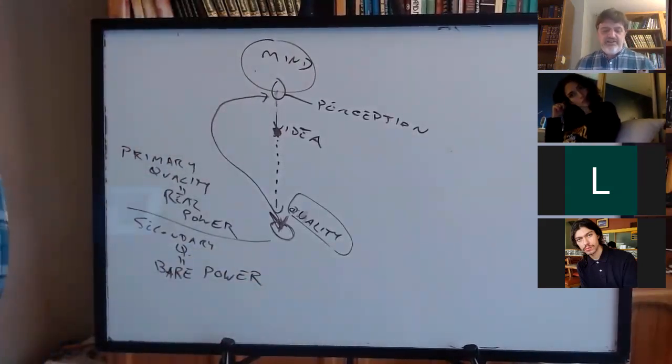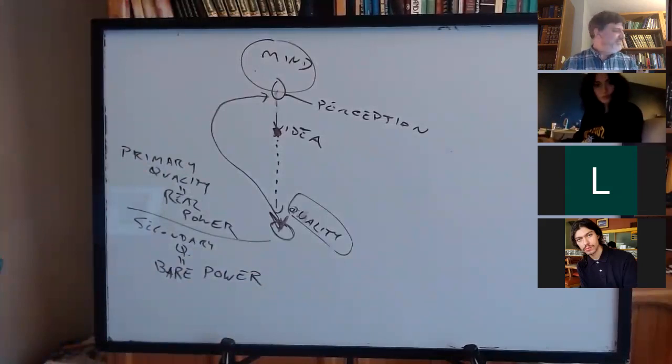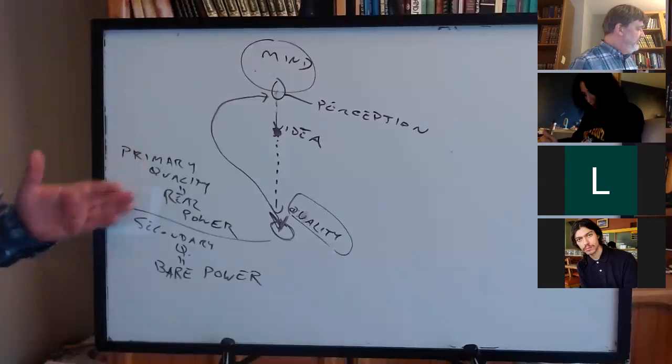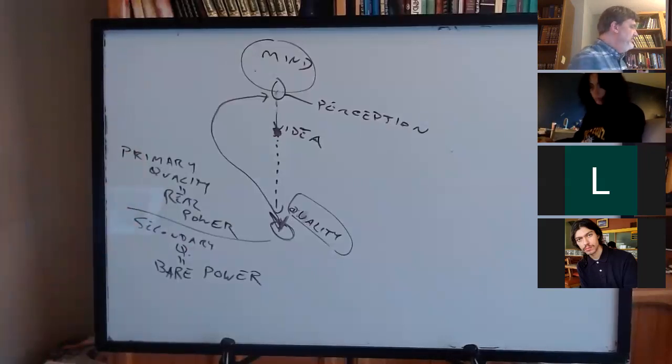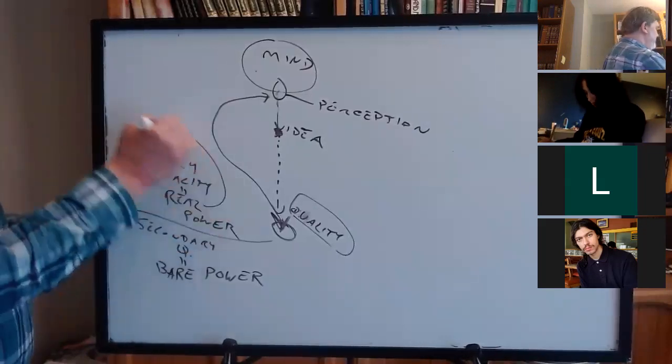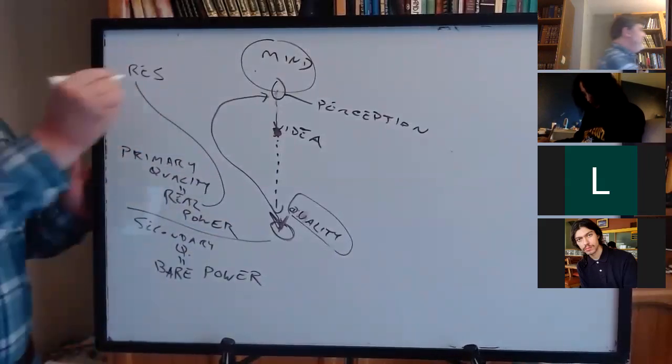So what do I mean by that? So primary qualities are real powers and secondary qualities are bare powers. What does that mean? Well, real, as I always emphasize in almost every class, comes from the Latin word res, which means thing.